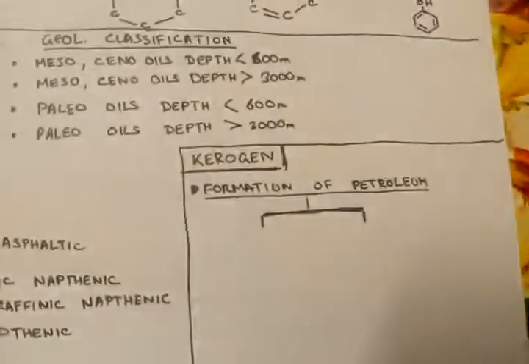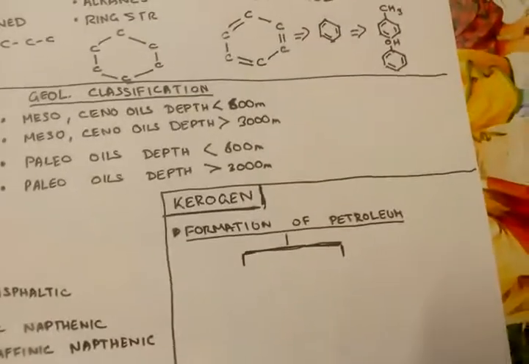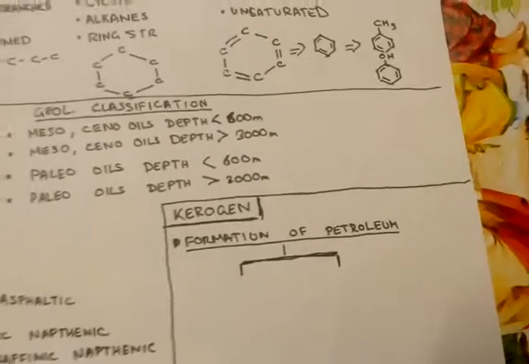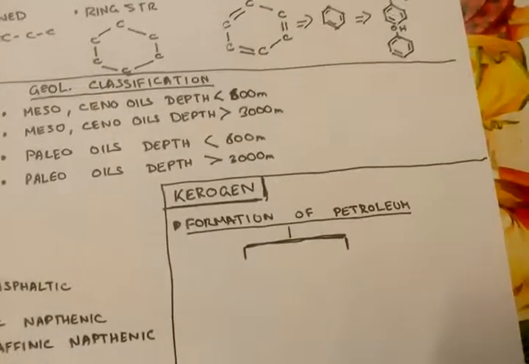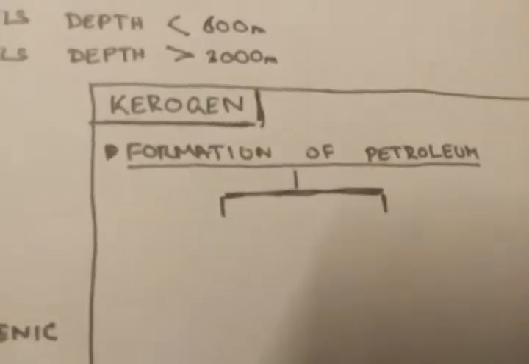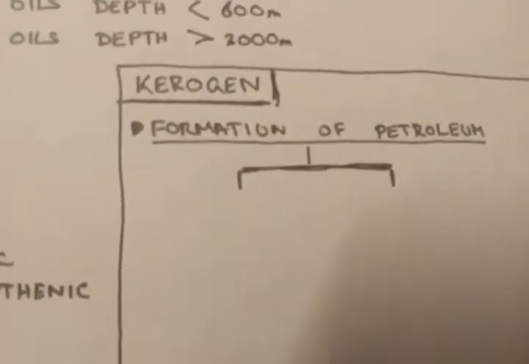Based on that, we need to build theories about the formation of petroleum based on a few facts, and we need to explain those facts. Number one, we are always finding petroleum in sedimentary rocks.